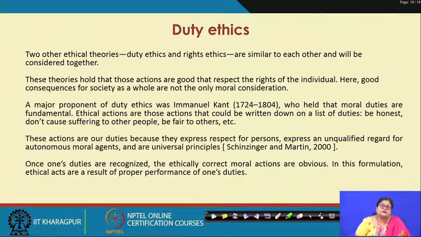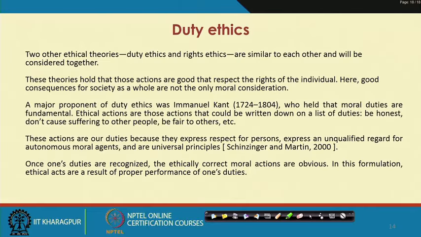Here, these are the acts, the duties, to be followed by individuals so that the connected other individuals will enjoy their rights, because we respect the rights of the other individual. So it is a duty on the part of one towards the connected other individual to be honest, not to cause suffering to other people, and to be fair to others.